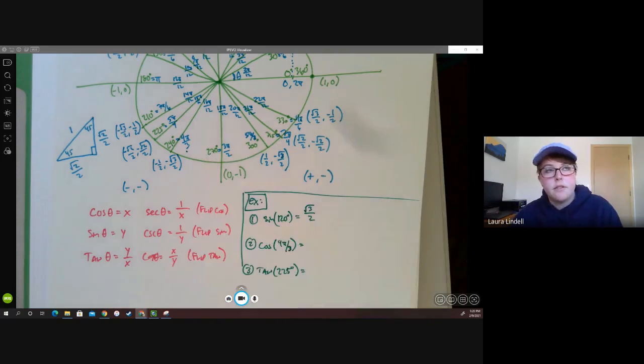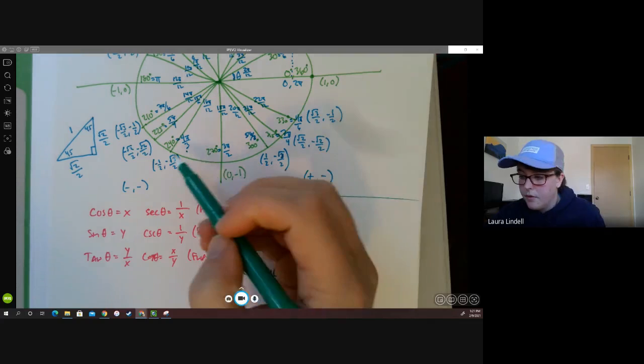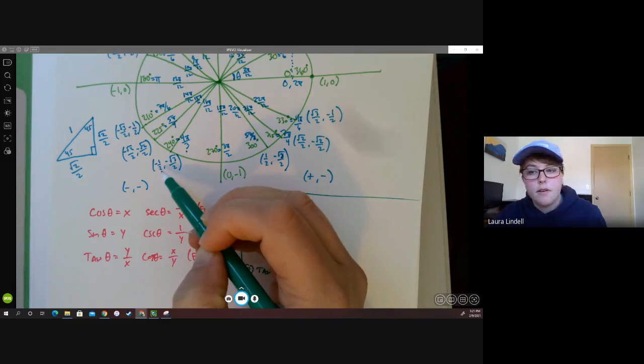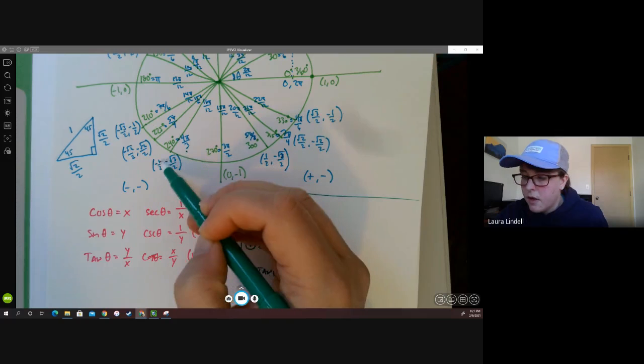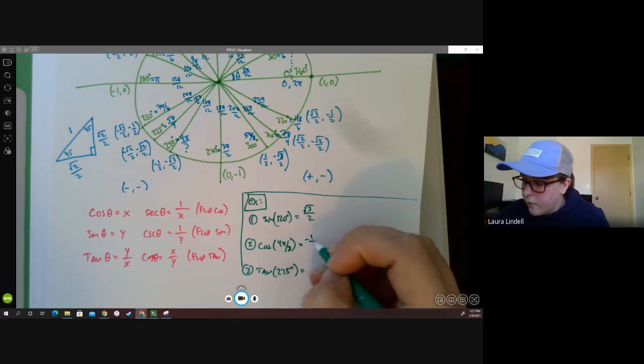Cosine goes with x. So what's our cosine of 4 pi over 3? That would just be the negative 1/2, right? Yeah, exactly. So we find 4 pi over 3 in our unit circle. We find the x value, negative 1/2.